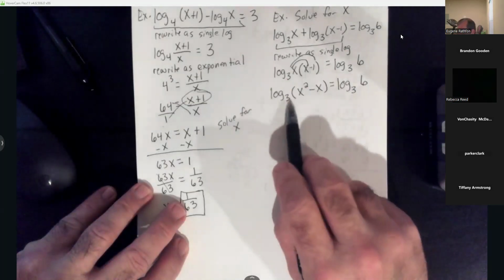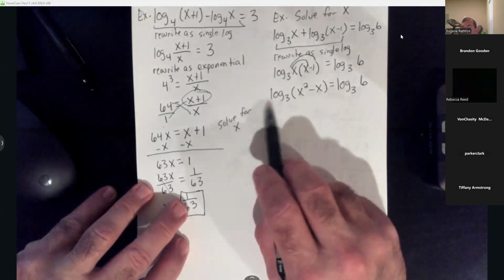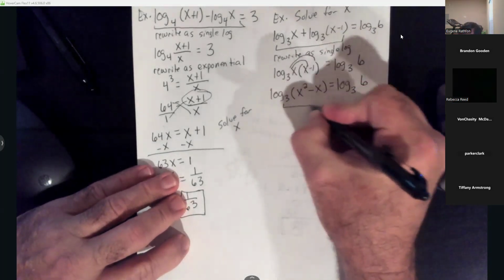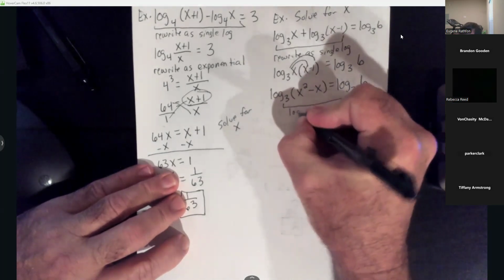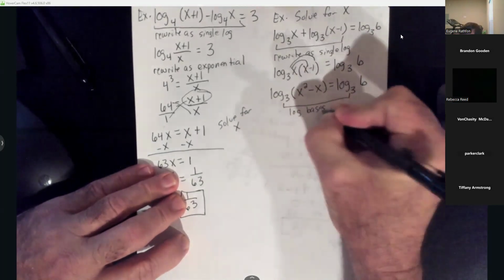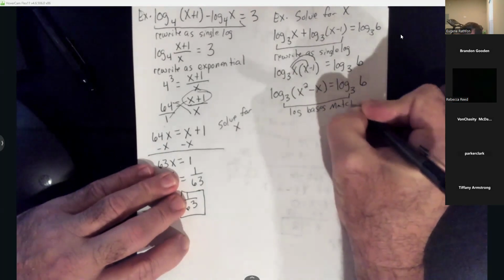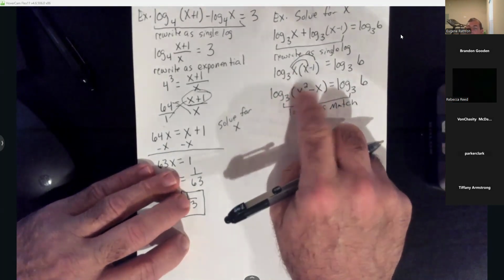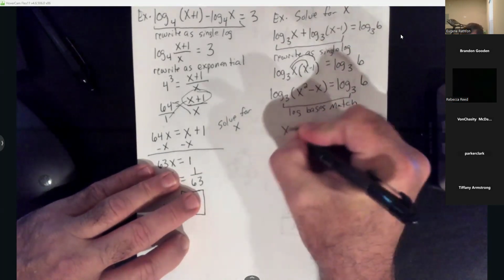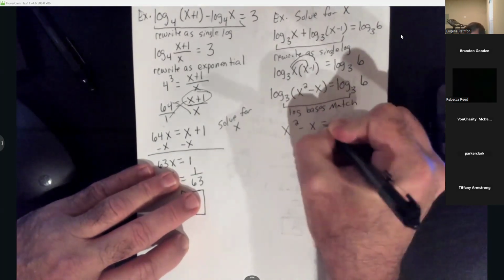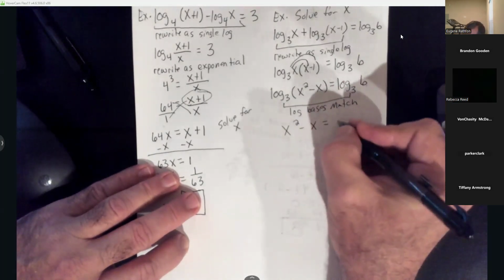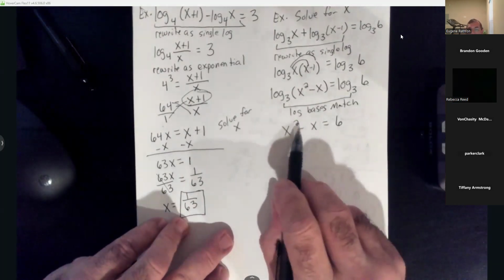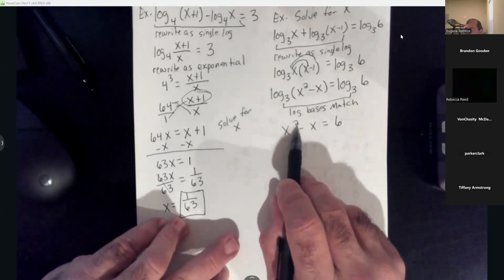So what happens since you got logs on both sides? This log base matches that log base. So remember, if the log bases match, that means that x squared minus x has to equal 6. So look here, you got an x squared.